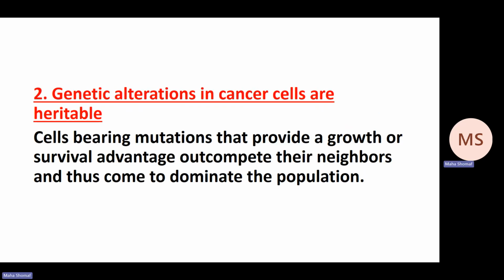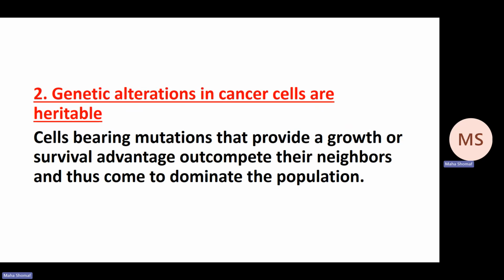The other characteristic feature of cancer is the genetic alteration in the cells that can be heritable. Cells bearing mutations that provide a growth or survival advantage outcompete their neighbors and thus come to dominate the population, and this is called the progression of tumor cells.